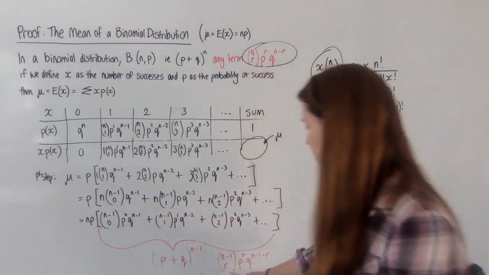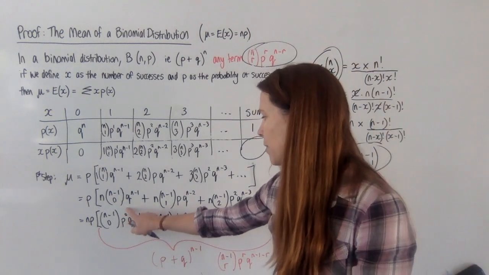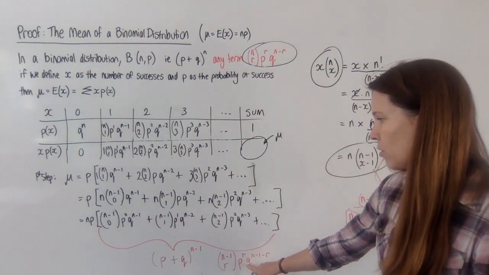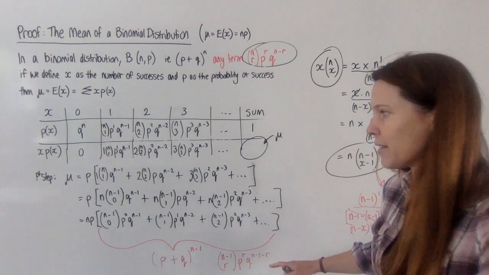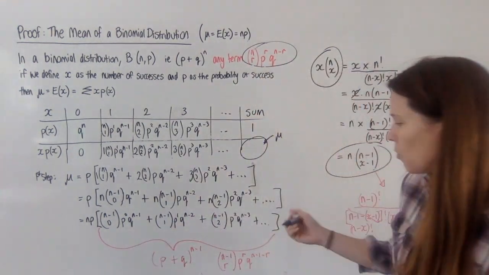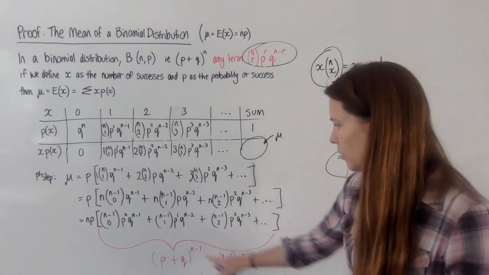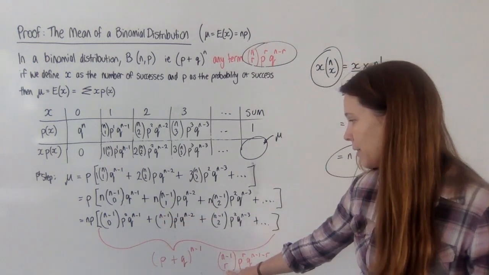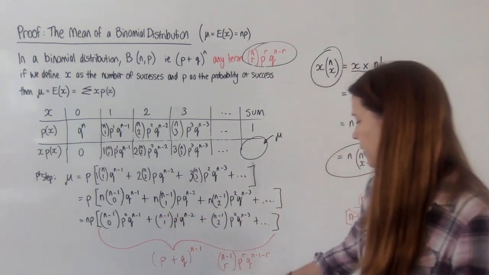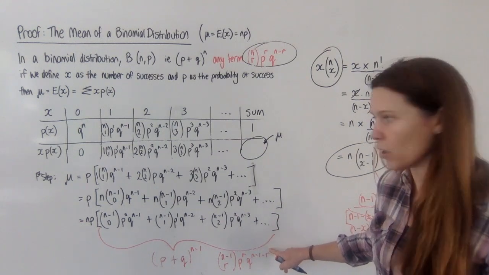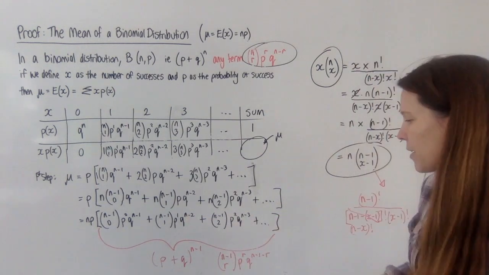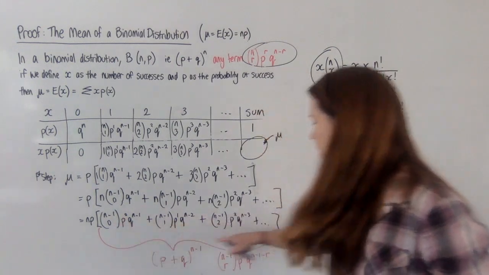If r is 0, then sure enough we've got p to the power of 0, and then we've got q to the power of n minus 1 minus 0. That is exactly what we've got here. What about if r is 1? We've got n minus 1 choose 1, p to the power of 1, q to the power of n minus 1 minus 1, which sure enough is n minus 2. So yes, this is this expansion.